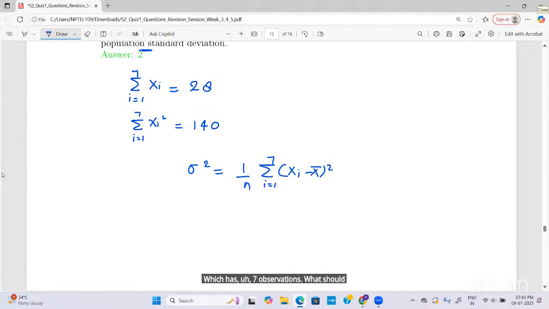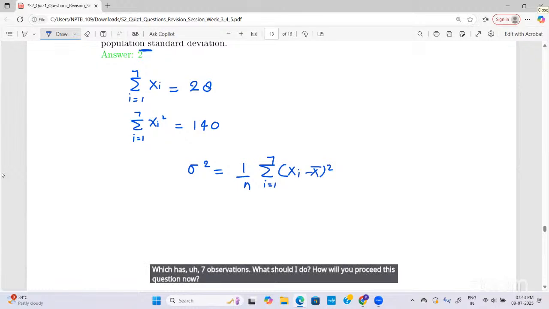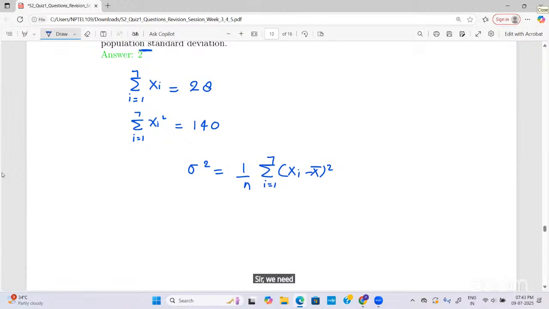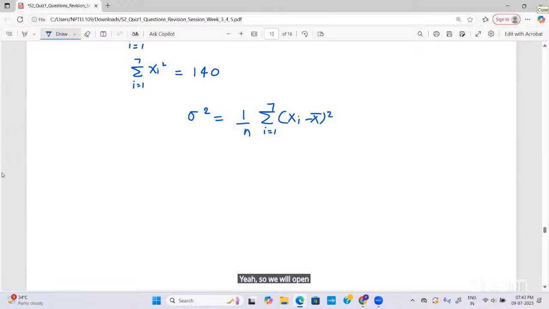What should I do? How will you proceed with this question now? We need to open the bracket and solve. Yes, so we will open this square. So this is 1 upon n, where n is 7. We can put this value later. Summation of i going from 1 to n of xi square, plus x bar square, and it will be minus 2 xi x bar, right?